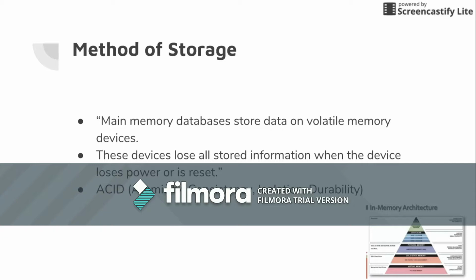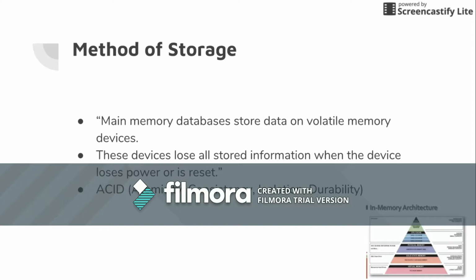What does this mean? This means that the memory is going to be there when the power is on, but when the power is turned off or reset, you lose the memory. While this may seem a little counterintuitive, why would you want to lose the memory when the power is turned off? We have a way to rate databases, and it's through a system called ACID.